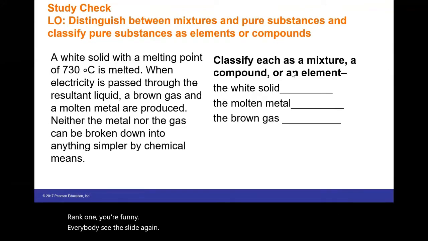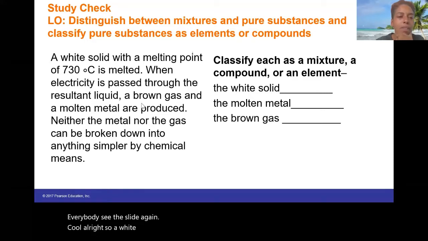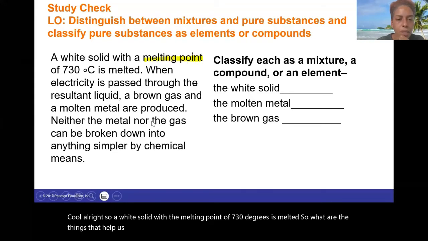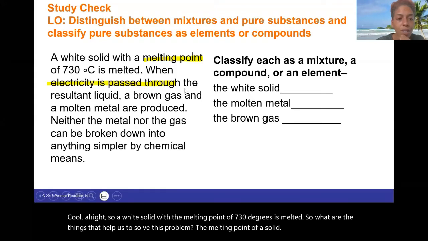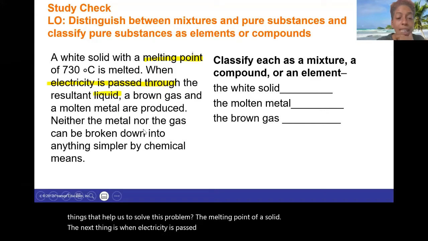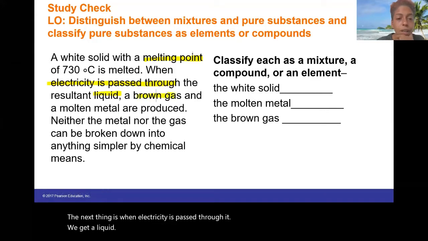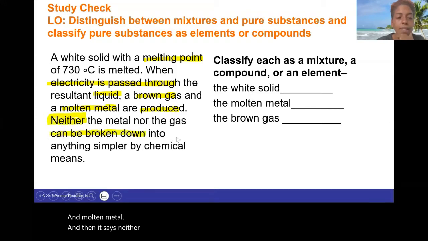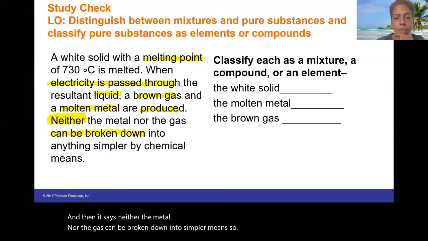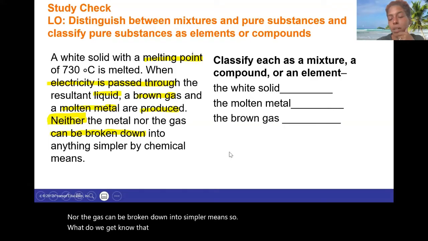Cool. All right, so a white solid with a melting point of 730 degrees is melted. So what are the things that help us to solve this problem? The melting point of a solid. The next thing is when electricity is passed through it, we get a liquid, a brown gas, and molten metal. And then it says neither the metal nor the gas can be broken down into simpler means. So what do we get? Well, we know that the white solid is what? What can we say is the white solid if we run electricity through it?